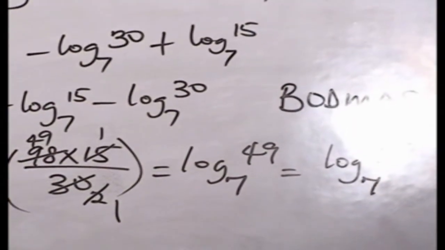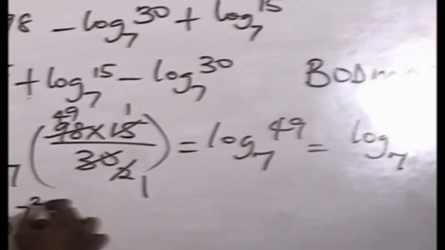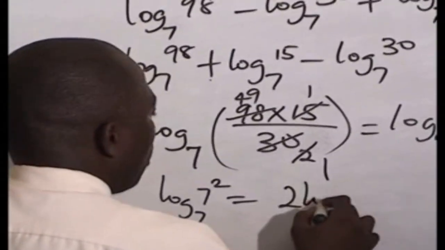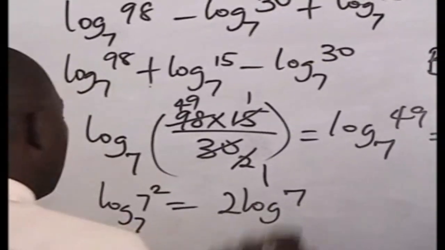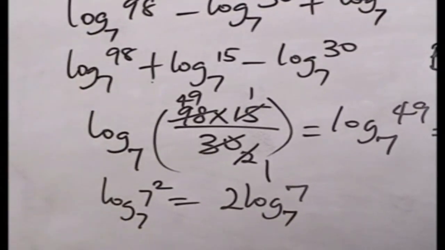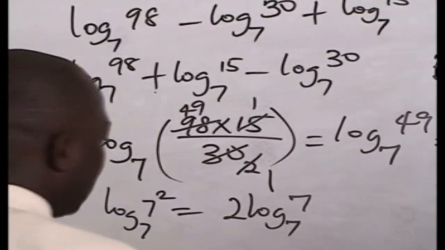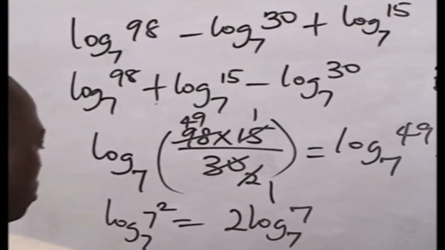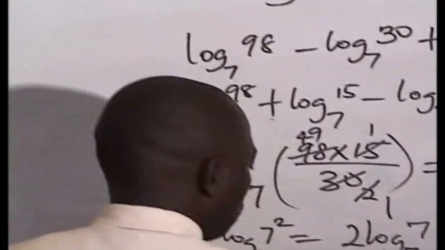Again, this can be rewritten as 2 log 7 base 7. And like one of the laws we have considered today says, logarithm of the number to the same base is equal to 1. Then you have 2 times 1, which gives us 2.